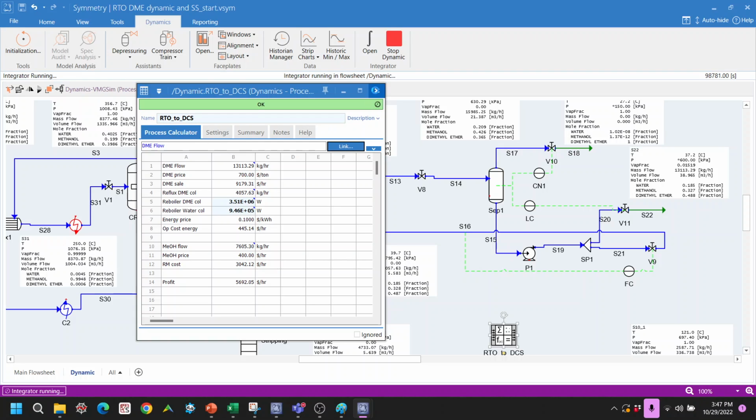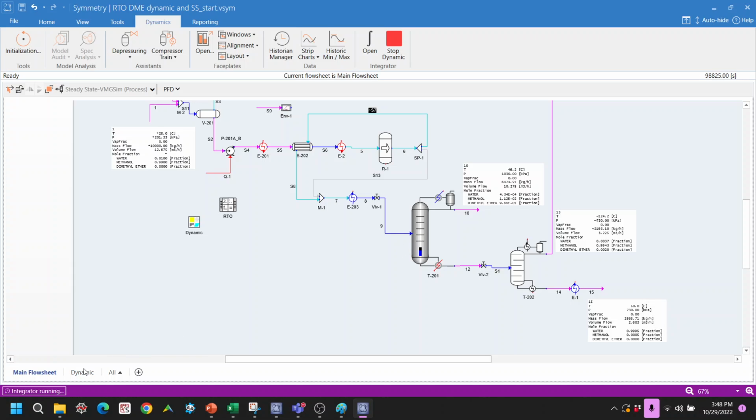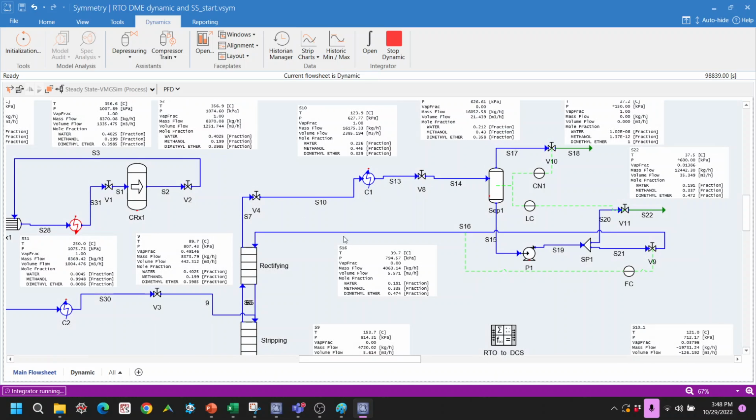Yeah, the profit seems to increase. It's a very strange number. But anyhow, the purity is also not met. It's supposed to be 99.2, right? If we see something like this, we really need to make sure whether the model that we have is the same as the plant. Basically, can we model this dynamic plant correctly?